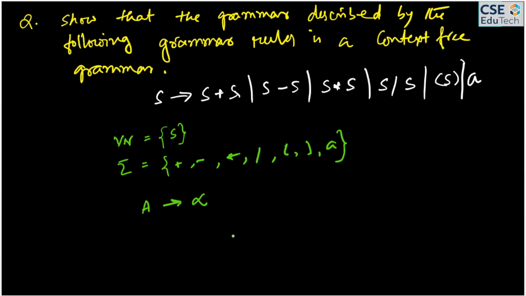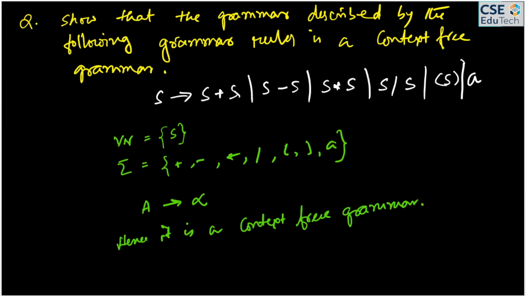That is, on the left hand side there is only one variable, which does not have any left or right context. Hence, it is a context free grammar.